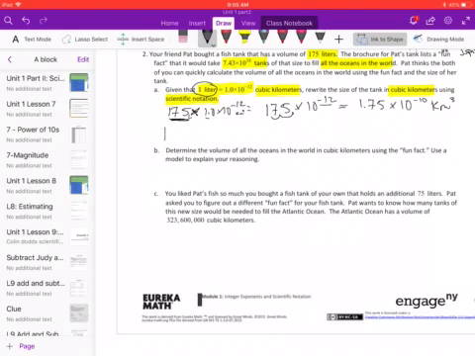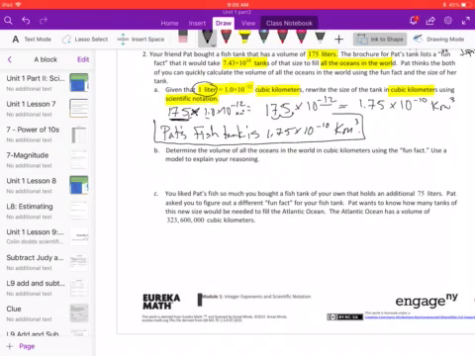So, Pat's fish tank in answer statement is 1.75 times 10 to the negative 10th kilometers cubed. That's how big it is. There's my answer statement. And that's all we had to do is multiply those two together.